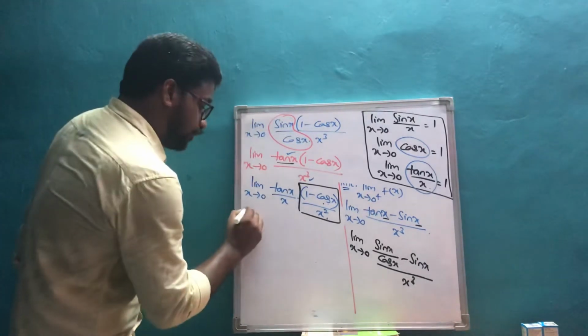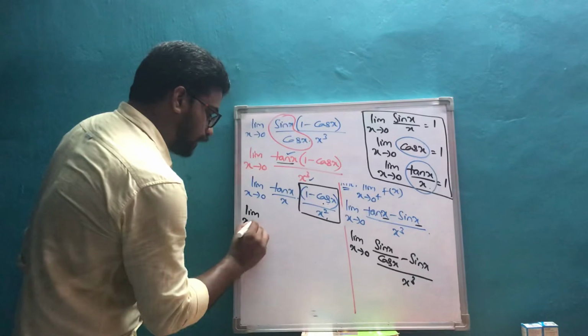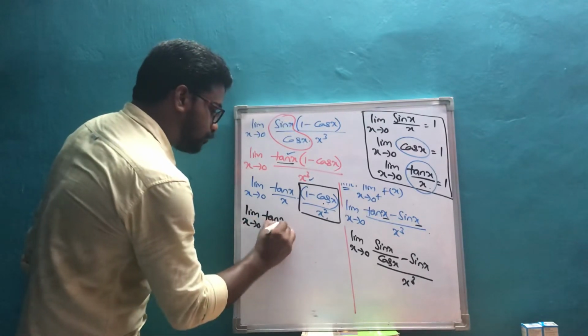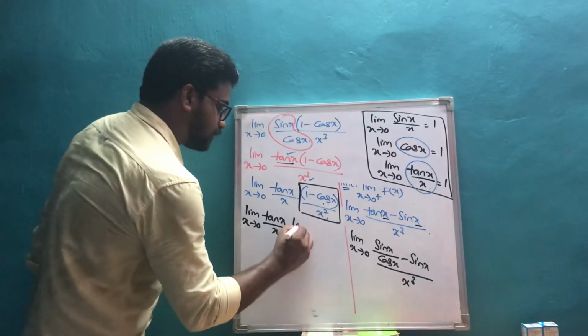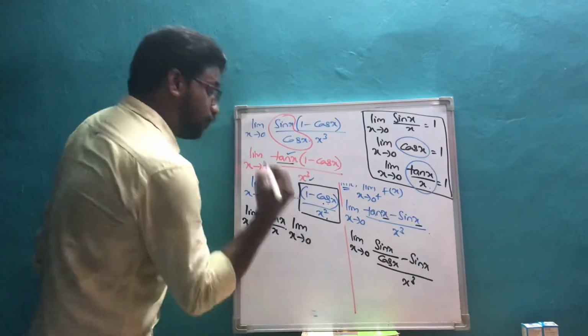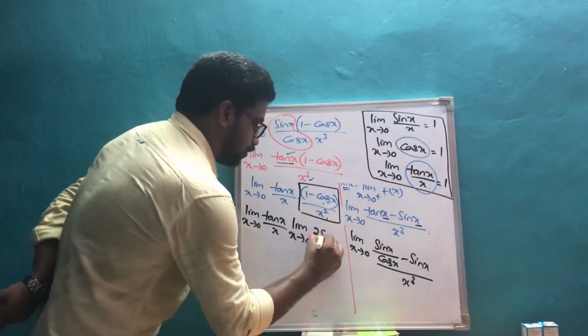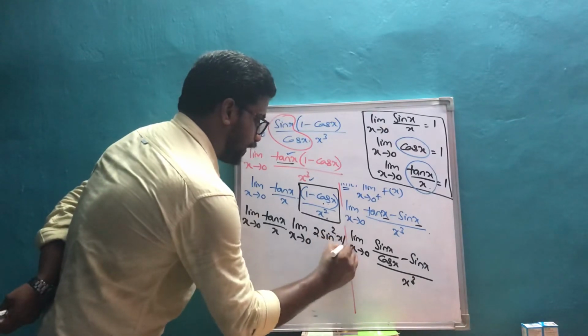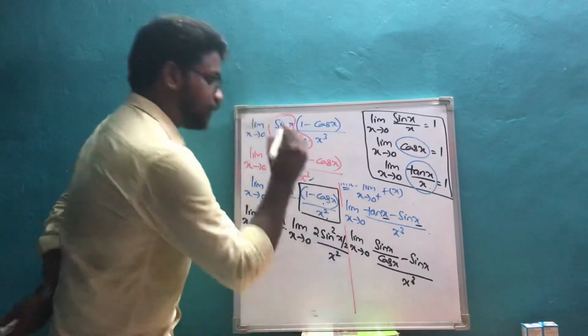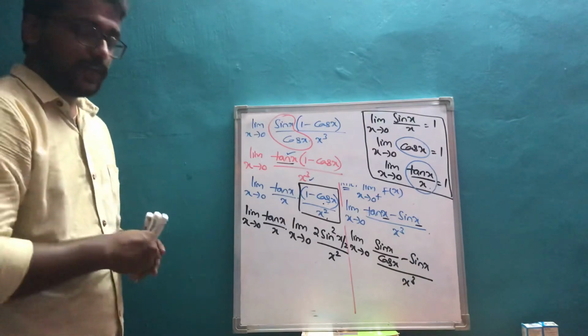Now we know that limit formulas can be split with respect to multiplication, division, addition, subtraction, everything. We know that the 1 minus cos theta formula is 2 sin square x by 2 by x square. Hope this point is very clear.